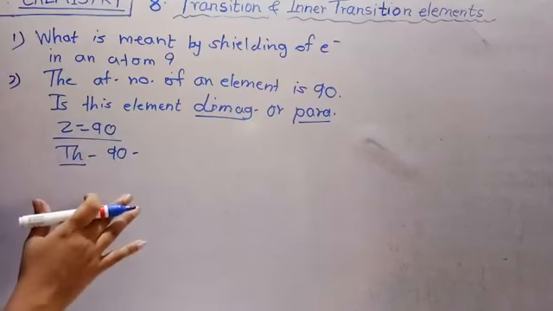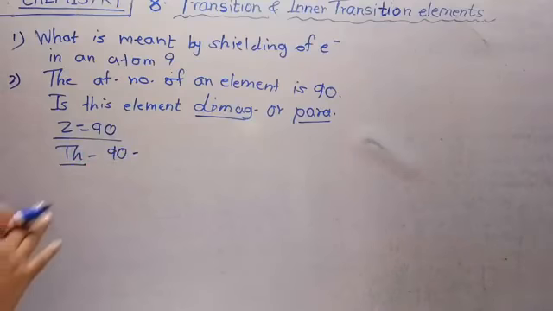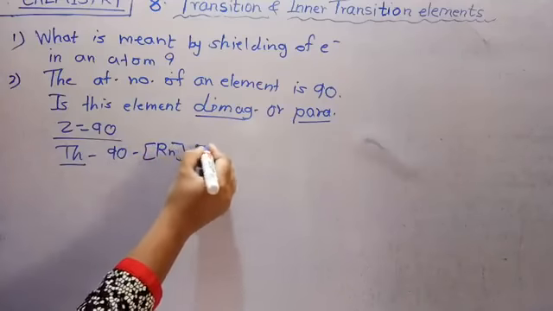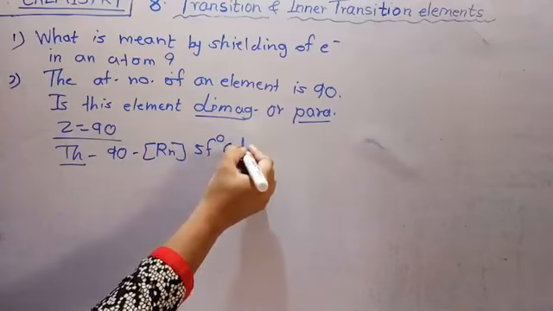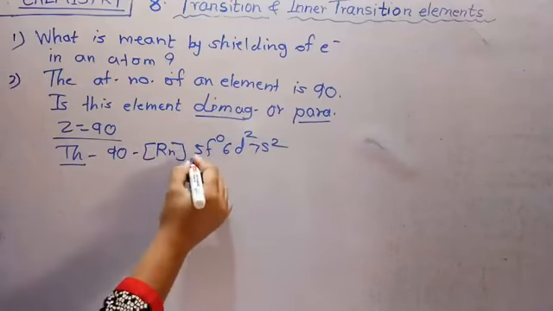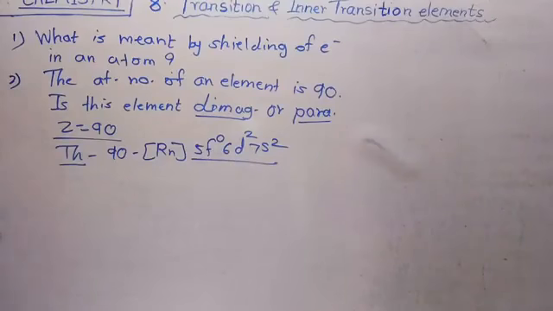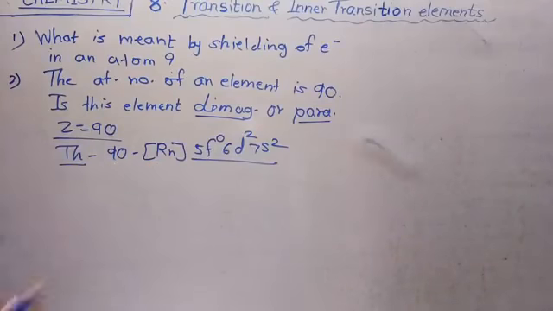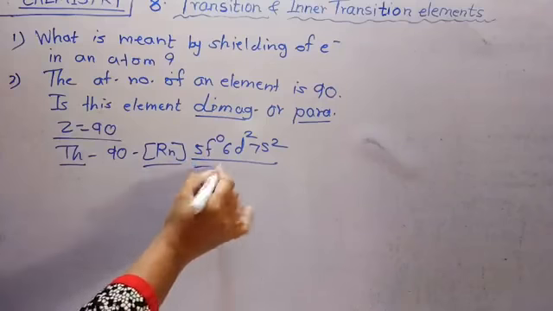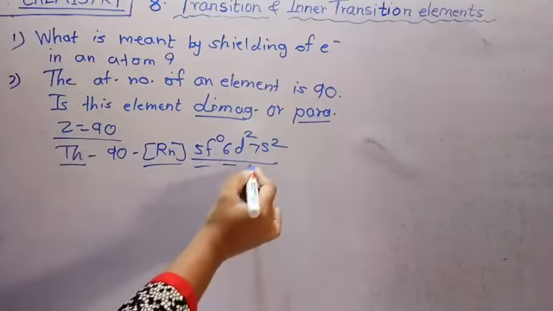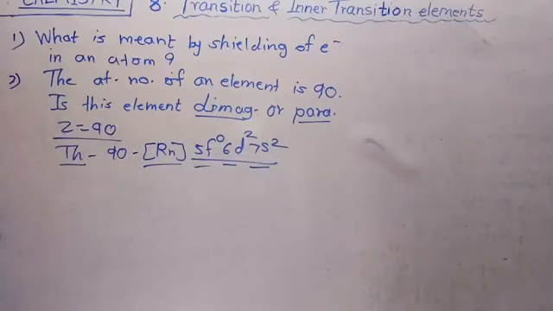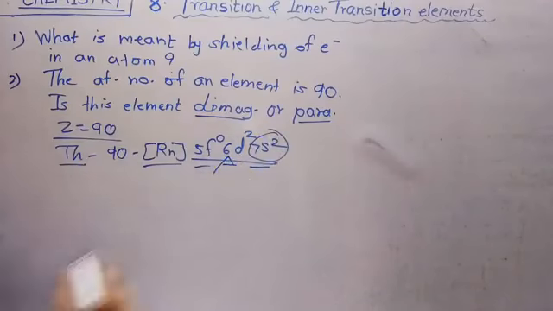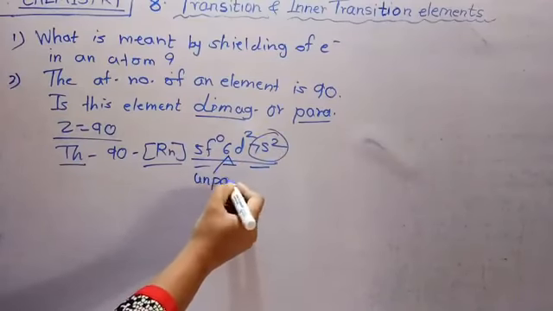First you write the electronic configuration of thorium, atomic number 90. That is radon 6d2 7s2. In this electronic configuration of element 90, the 7s electrons are paired, but in 6d there are unpaired electrons.